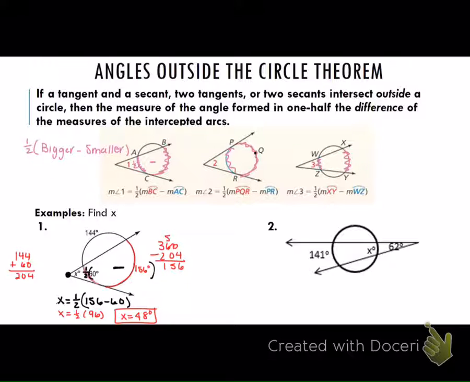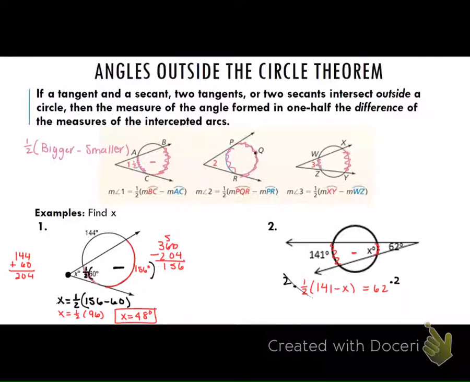This time it wants x. Is x the bigger or the smaller arc? The smaller one. So we are going to have to do 1/2 of 141 minus x is 62 degrees. The easiest way to solve this is to multiply by 2 first to get rid of that fraction.